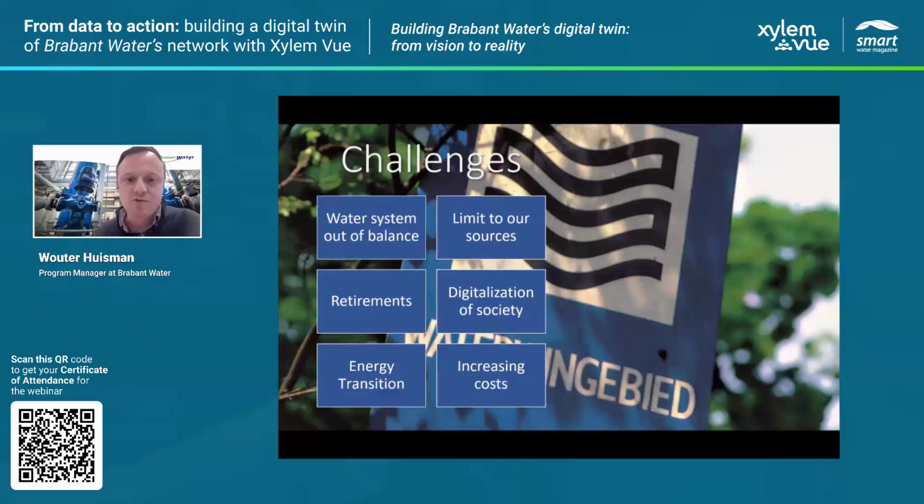And also we have a limit to our sources, as we have permits on the amount of water that we can extract each year. And with a limit to our sources and the increasing population, we have a very big challenge to deal with. Another challenge for us as a company is retirements.